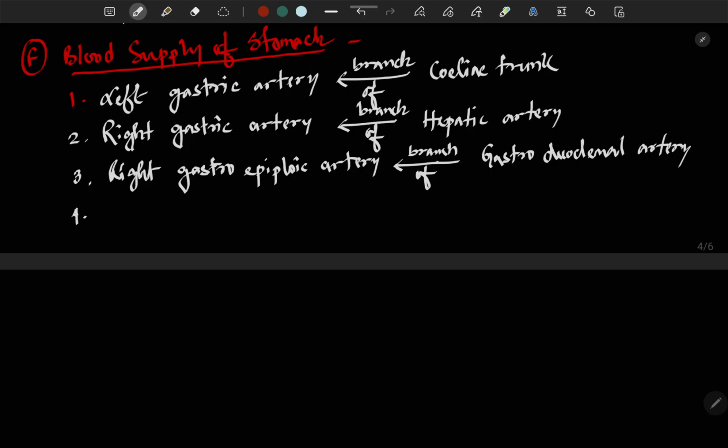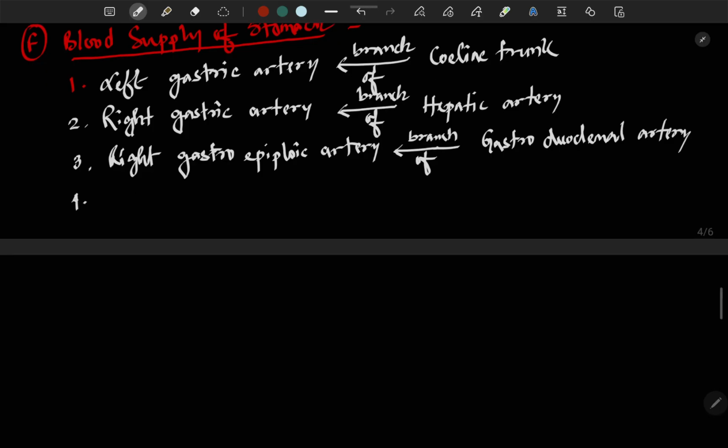Number 4, left gastroepiploic artery, which is a branch of splenic artery.